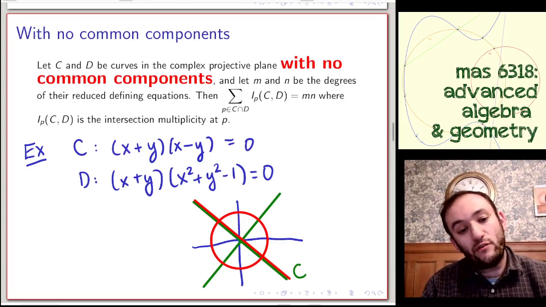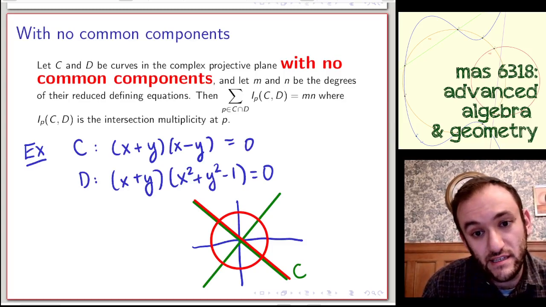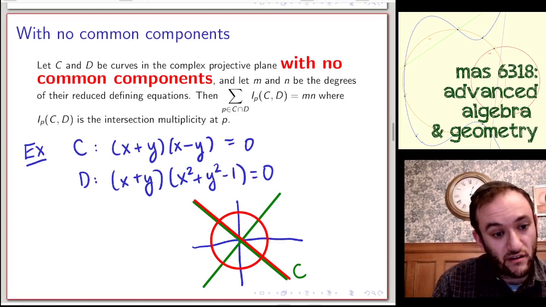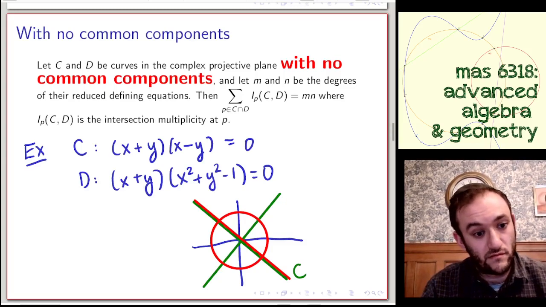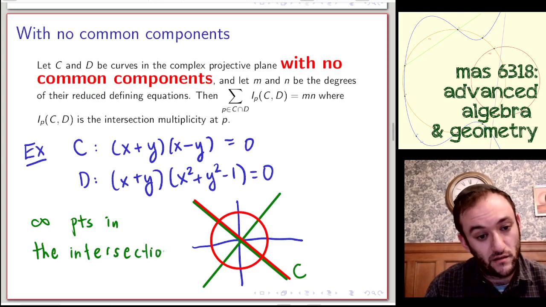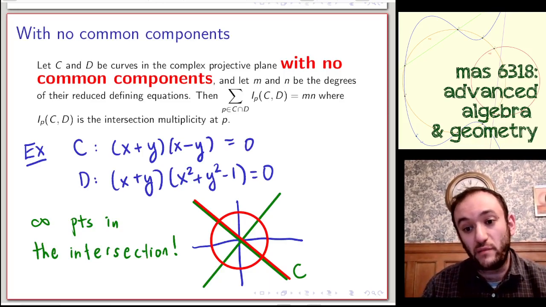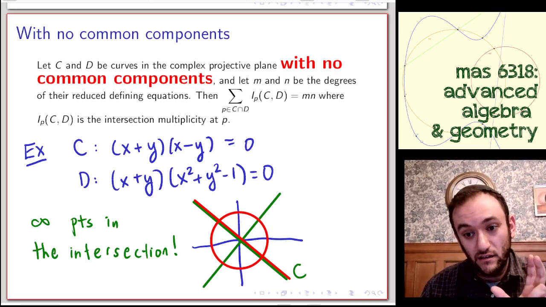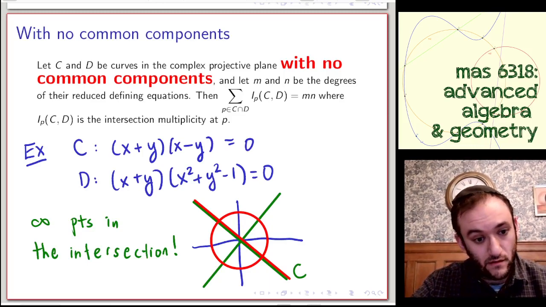So how do these curves intersect? Well, as you can see, there are infinitely many points in the intersection, because there's a whole line here. So in order for the results of Bézout's theorem to apply, you need to make sure that there are no common components, in the sense of a line which sits in both curves.